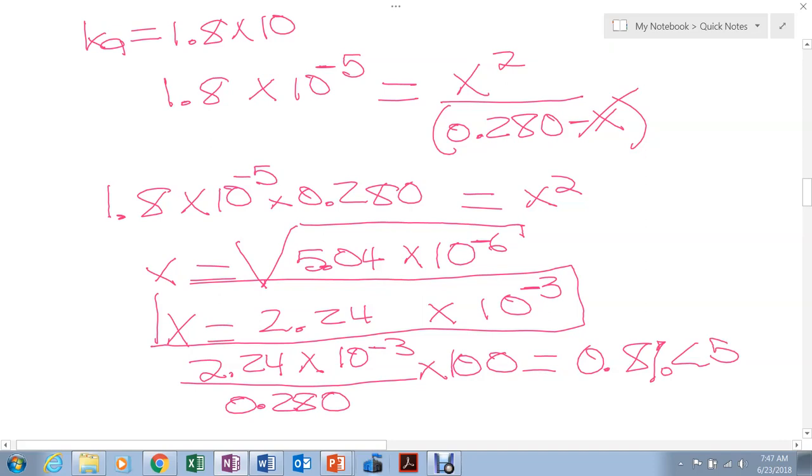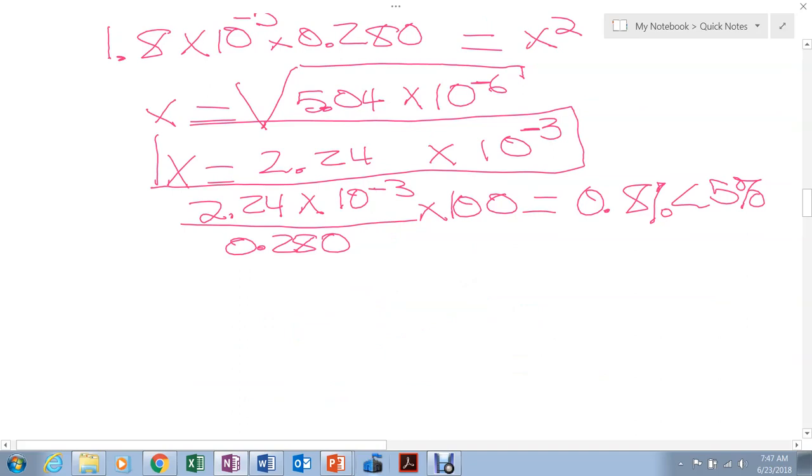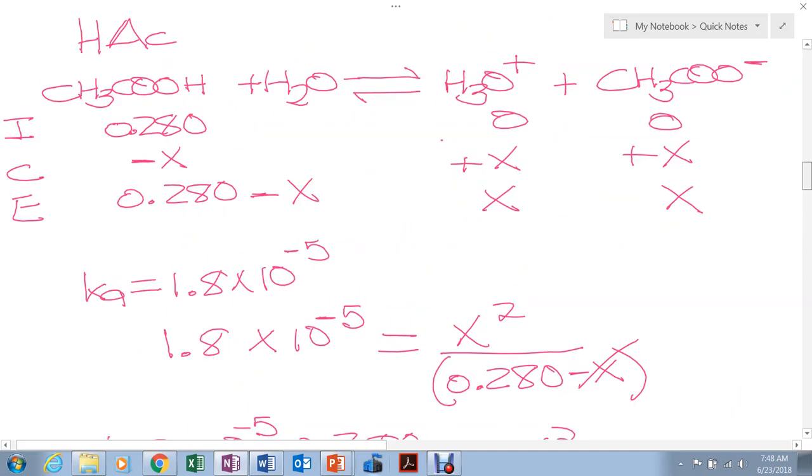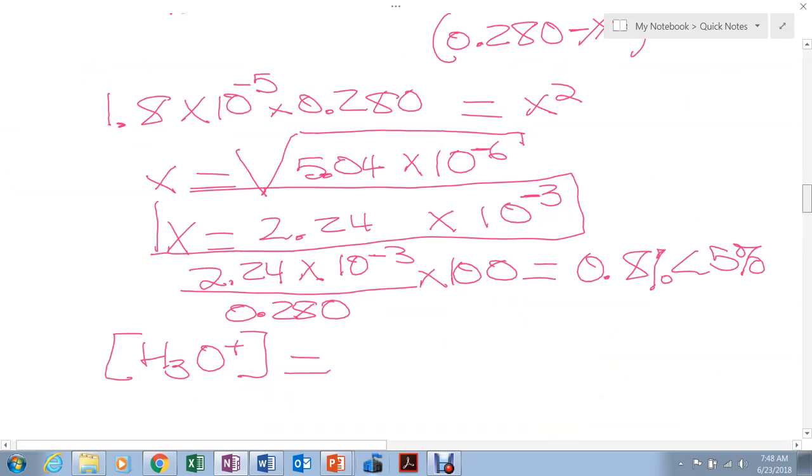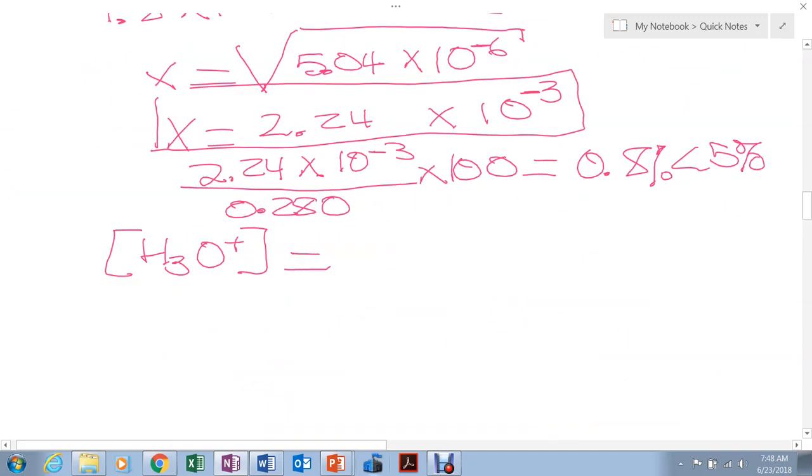Okay, we got it. So now find the hydronium. This is an acid, so hydronium is directly x, and they're asking for that. And the concentration of acetate, CH3COO-.